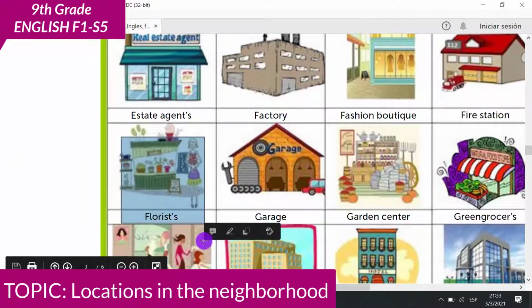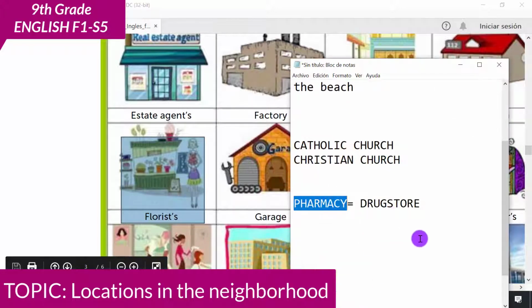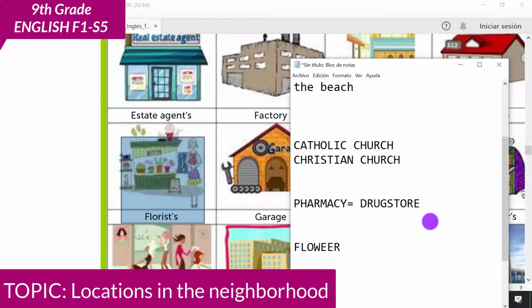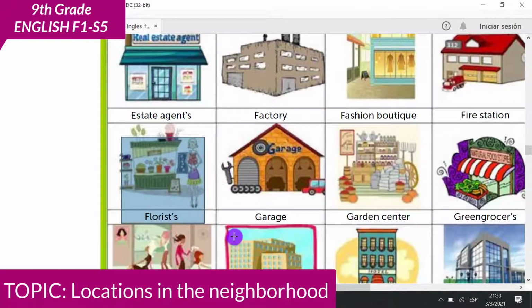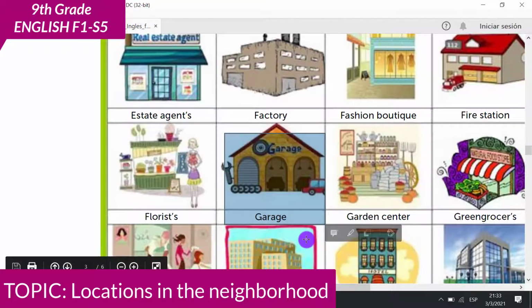Florists, floristería. Algunas personas también llaman a la floristería de la siguiente manera. Attention here: flower shop. Aunque también es florists. Garage, el taller.